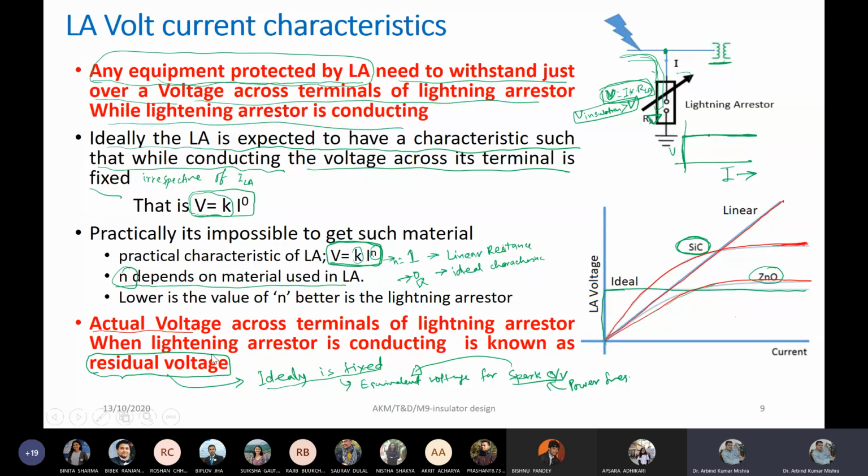So the voltage across the lightning arrester during conduction should ideally be independent of the current through it, but slightly it depends on how much current flows through it. If the current is higher, practically the residual voltage will be a little bit higher, and in that case the insulation level of the insulator will also go to the higher side.